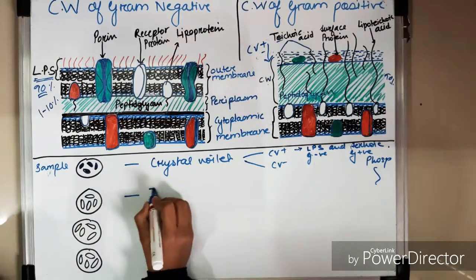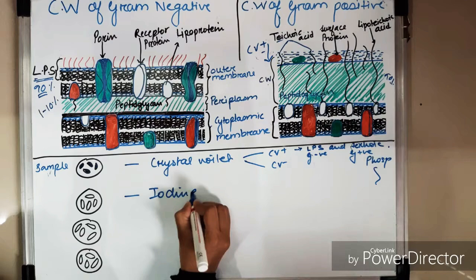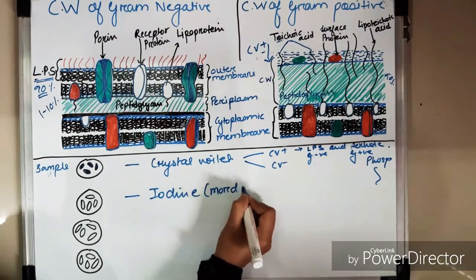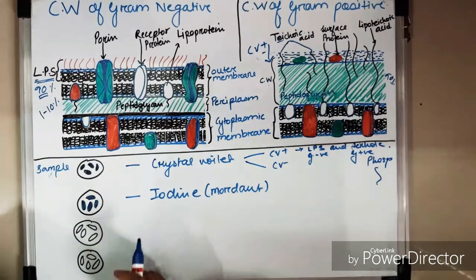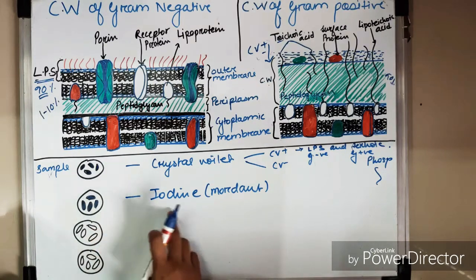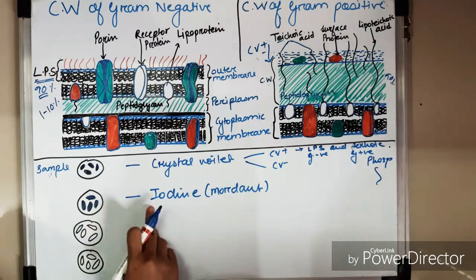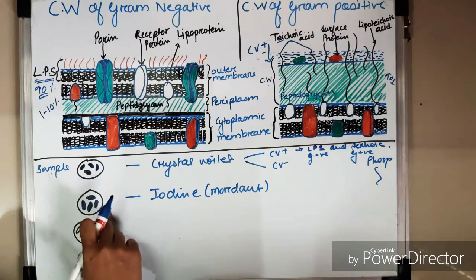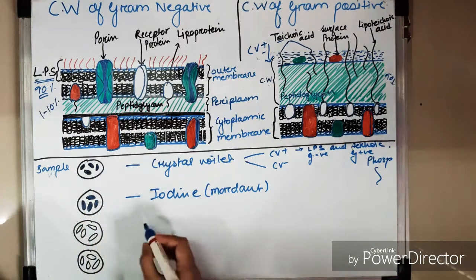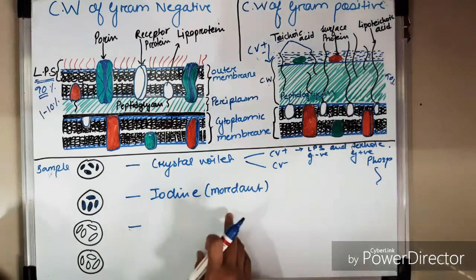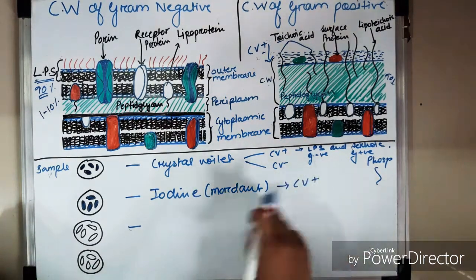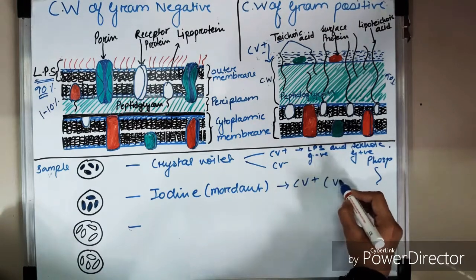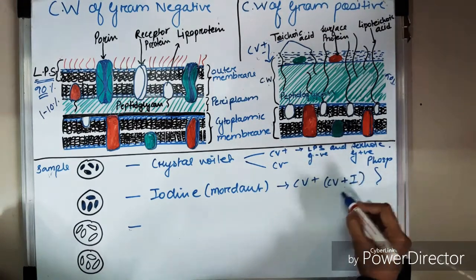When the iodine, which is a mordant, is added, it fixes the stain in the cell wall of the cell. Iodine acts as a fixer that fixes the crystal violet in the cell wall. After this, the iodine interacts with the CV plus ions and forms a CV plus iodine complex.